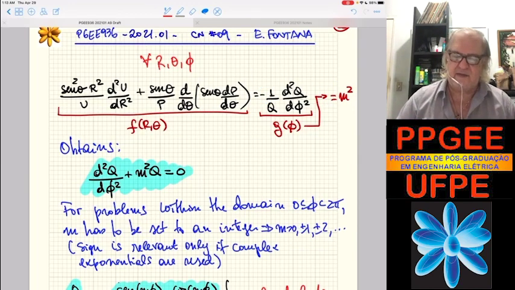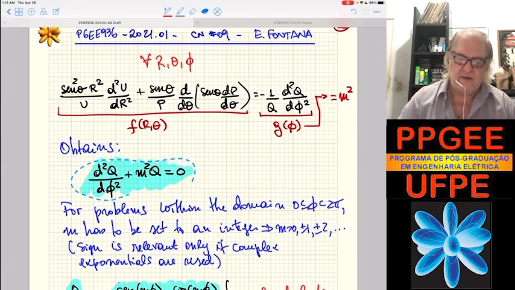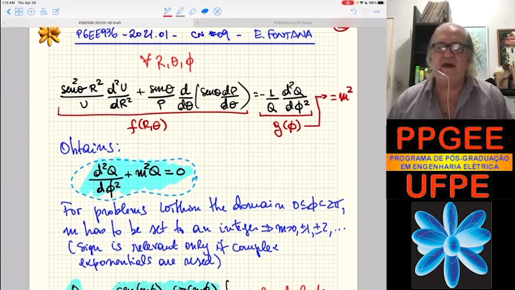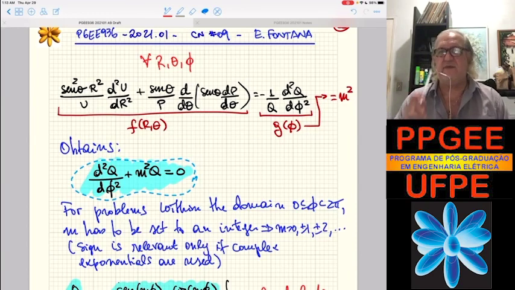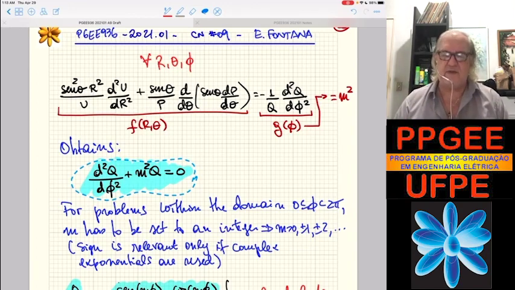That's because we obtain a differential equation for Q that has periodicity. And it's very important to have periodicity in the azimuth angle, because after one turn, if you have the whole domain in the xy plane, if you have one complete turn, the potential has to reproduce. Potential here has to be the same after you change phi by 2 pi. So that's why it's important to have this sign.